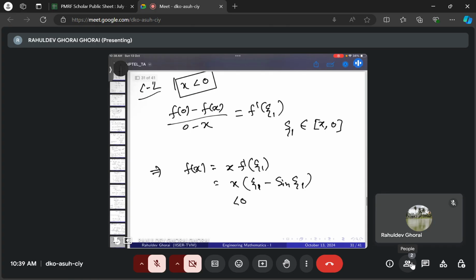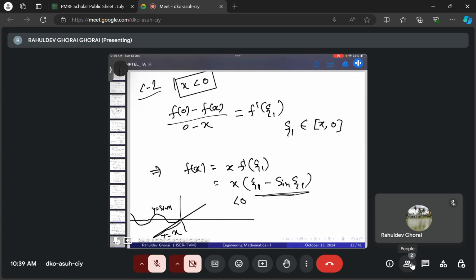x is less than 0, and for this quantity, draw the line. If you see, y equals sin x and y equals x, so when x is less than 0, sin x minus x will be positive.